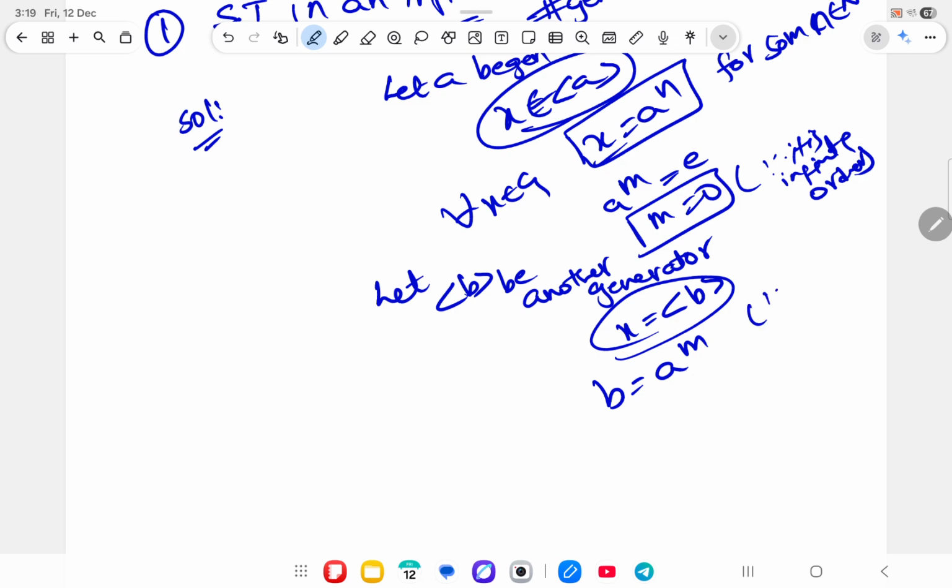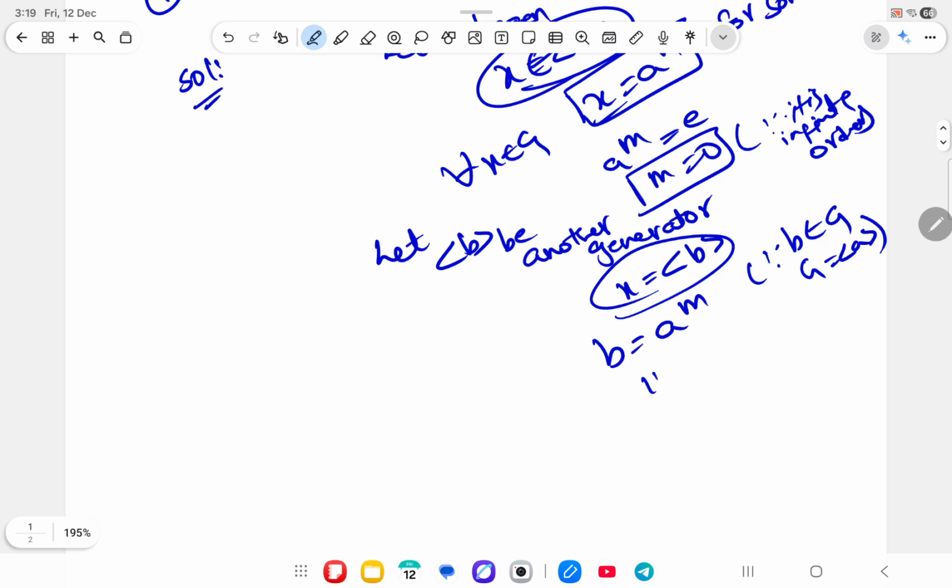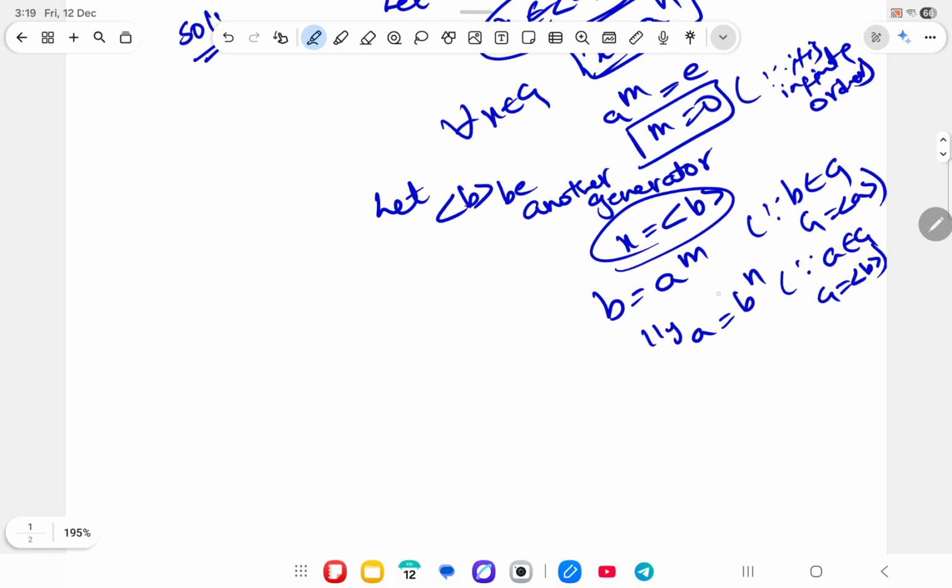Because b belongs to G and G is generated by a. Similarly, a is of the form b power n, right? Since a belongs to G and G is generated by b.